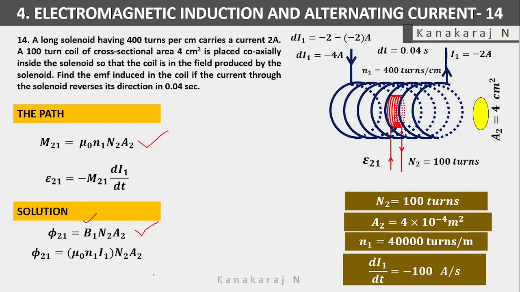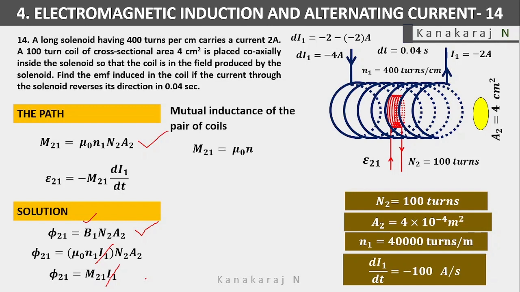According to the definition of mutual inductance, phi 21 equals M21 I1. In these two formulas, I1 cancels. So we get M21, the mutual inductance between the pair of coils, equals mu naught N1 N2 A2. So now you have learned how we got this formula.